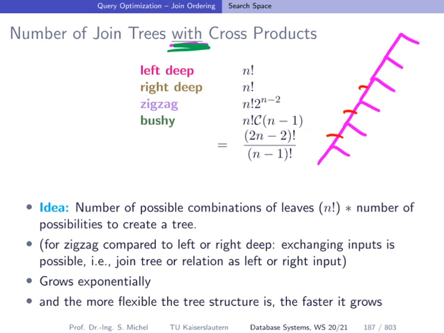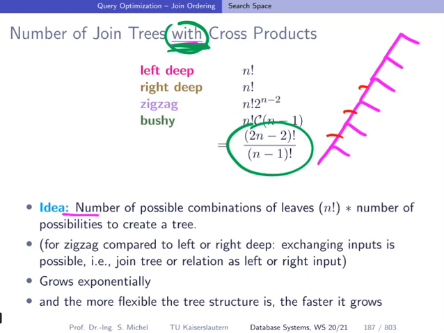And since all of the relations are joinable because we have cross products, again, we have n factorial many different assignments of the relations to the leaves. So n factorial times the number of structurally different trees is this one, and this can be rewritten to this equation, right? To this fraction.